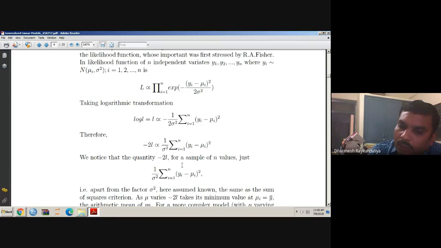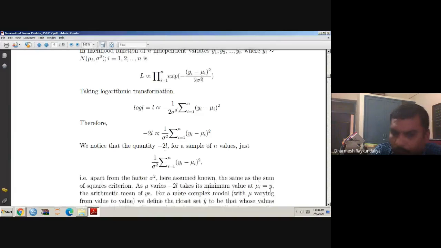When you are looking for this closest to mu i, it means that the sum of squares of this difference should be minimum. That is what the least squares criterion is saying: you are trying to find yi minus mu i, where instead of mu i we have taken yi cap, and the square should be minimum. If you take the derivative with respect to the parameter and equate it to 0, then mu i is nothing but y bar. You can try it at home and you will get mu i equal to y bar, the arithmetic mean of y.